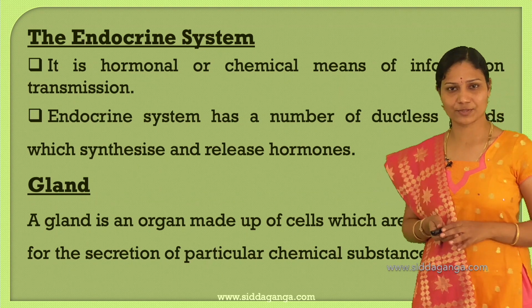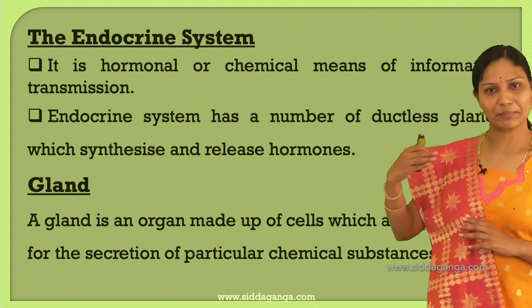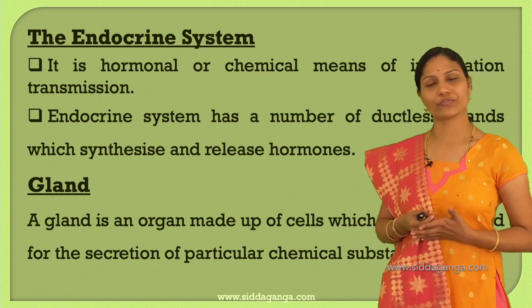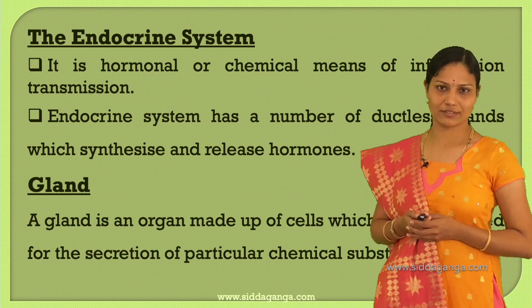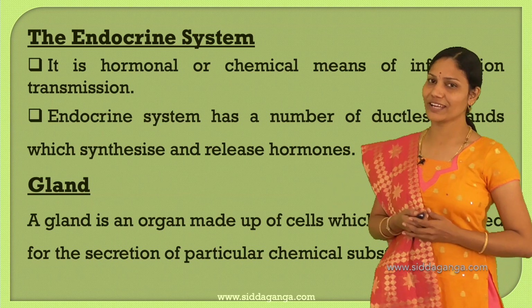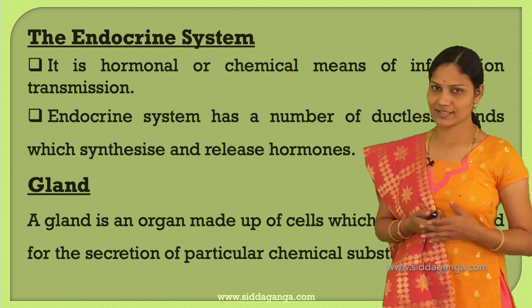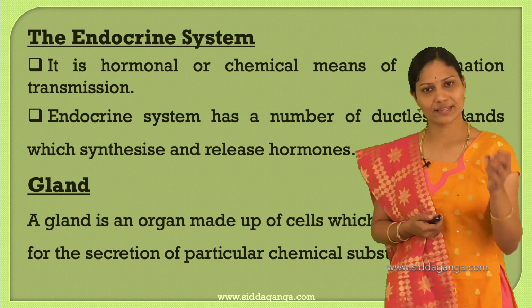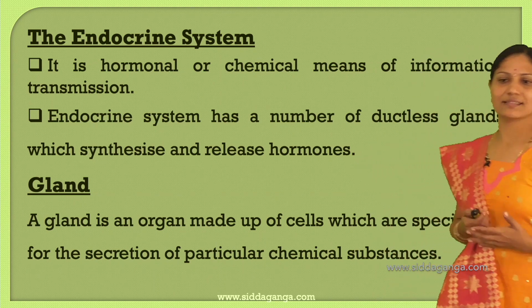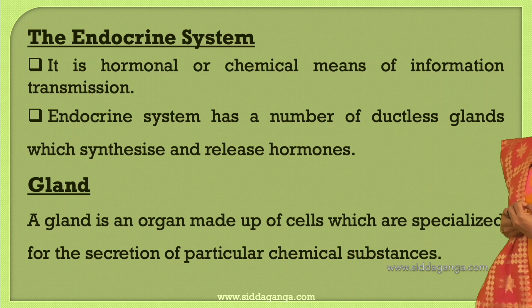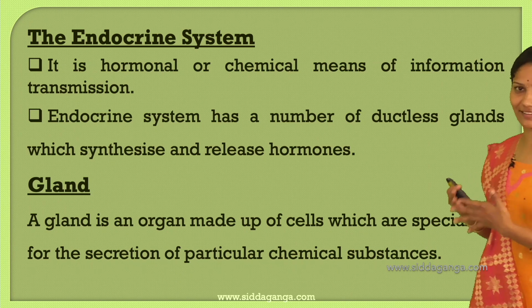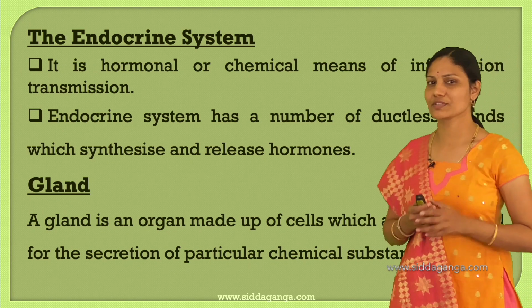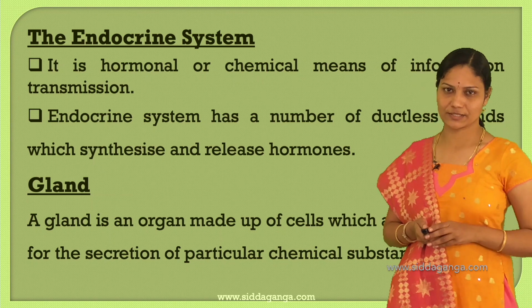So the endocrine system is a chemical or hormonal means of information transmission, and it entails various ductless glands. Glands are organs that have cells specialized for secreting certain chemical substances referred to as hormones.